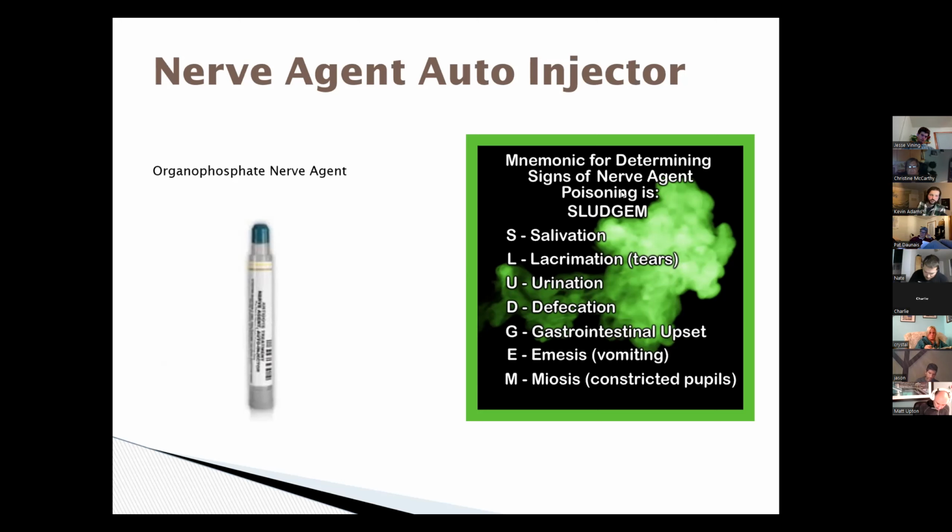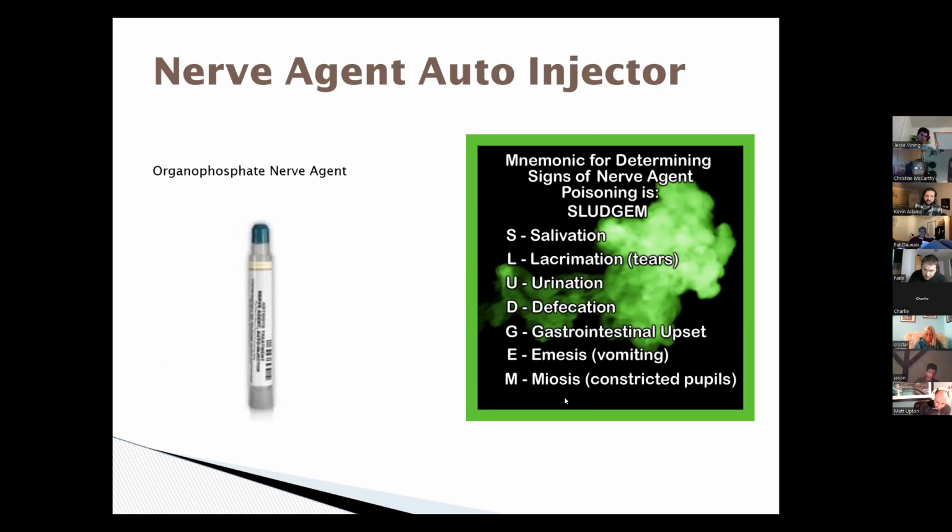Excessive urination, excessive defecation, general GI upset, so cramps, nausea, vomiting, evidenced by emesis. And then miosis is constricted pupils too.